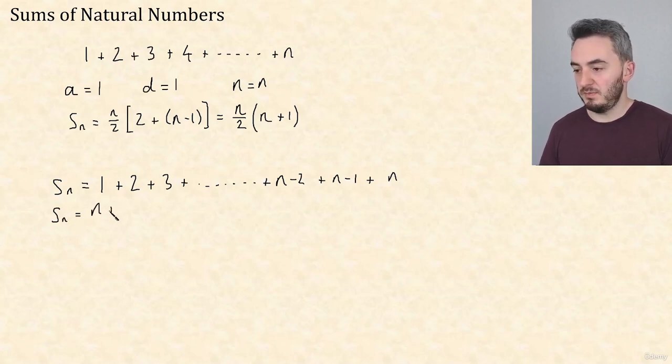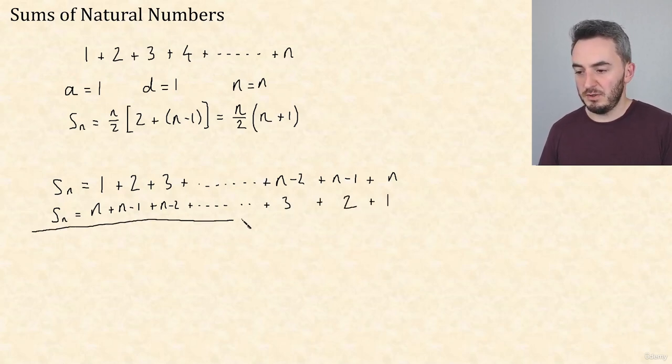So n plus n minus 1 plus n minus 2 and all the way down to 3 plus 2 plus 1. Now if we add these two series to each other term by term, well, we get two lots of the series, 2 times Sn.